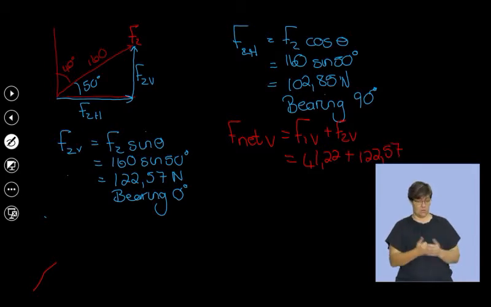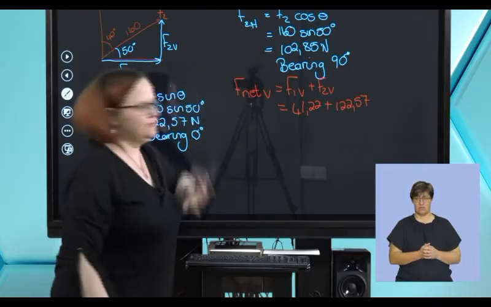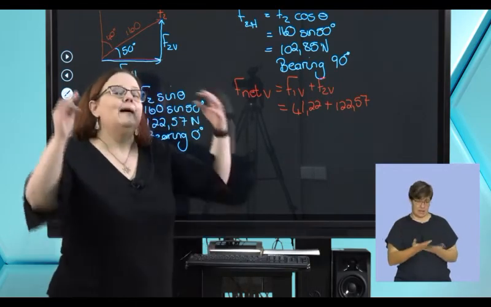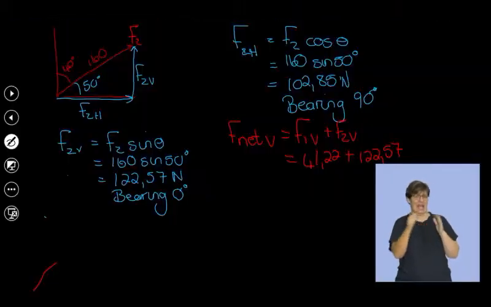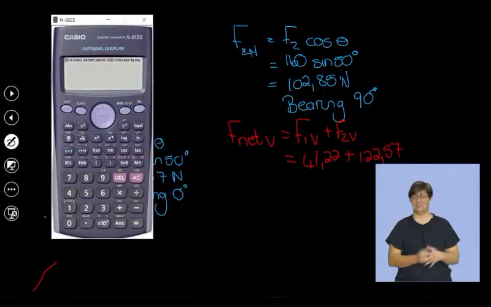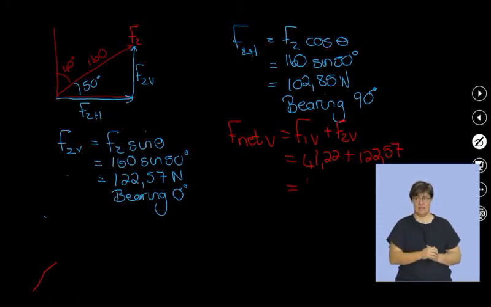Now, at this point, you are welcome to do that in your head. However, in an exam, you normally get quite stressed, so use your calculator. So we have 41.22 plus 122.57, and no fractions, we don't like fractions, so this gives me 163.79 newtons.